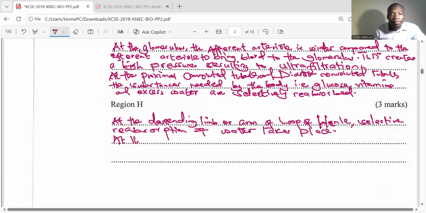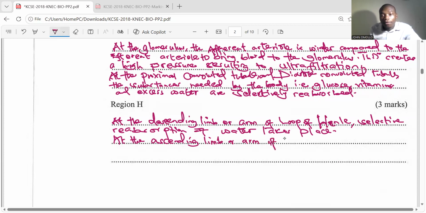At the ascending limb, it is limb, not limp, or arm of the loop of Henle, comma, what happens there?